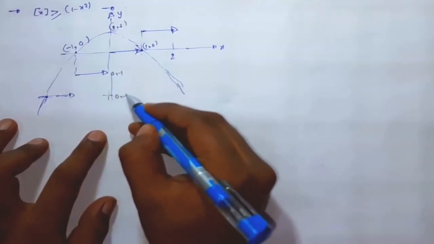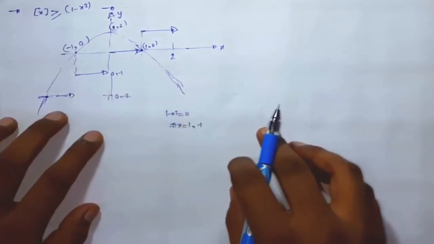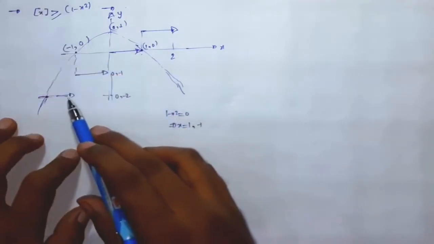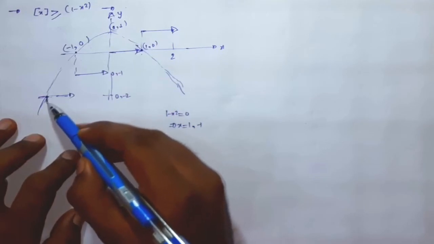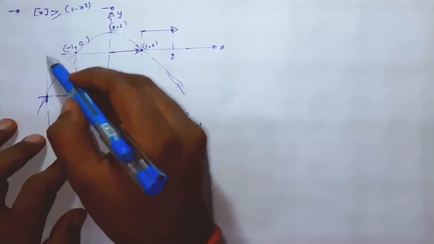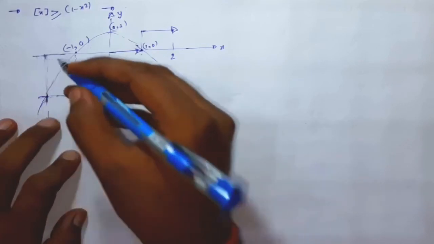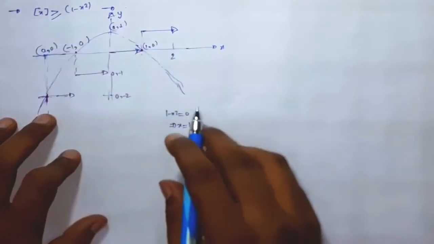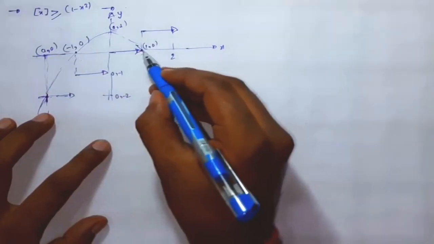So for what values is this inequality satisfied? We need to calculate this point. This is how we are going to draw the line. This is a comma 0, and this point also we need to calculate; this one is already calculated.